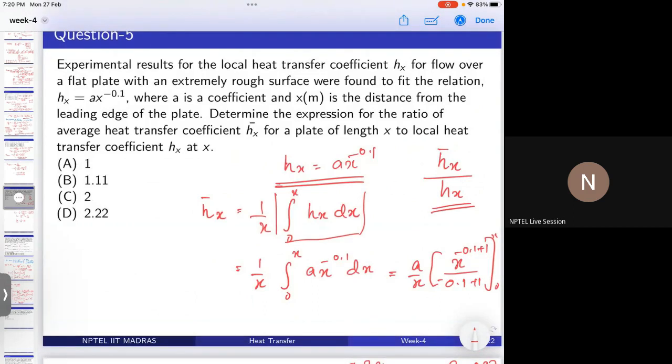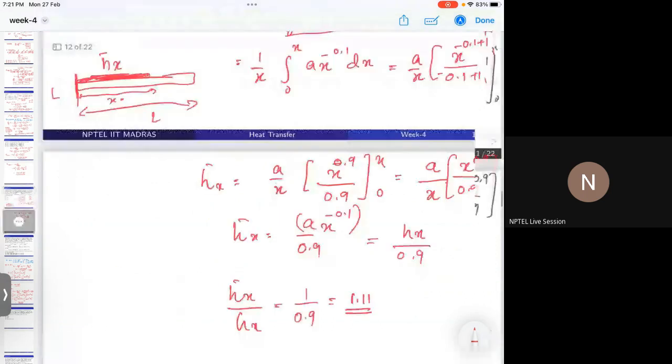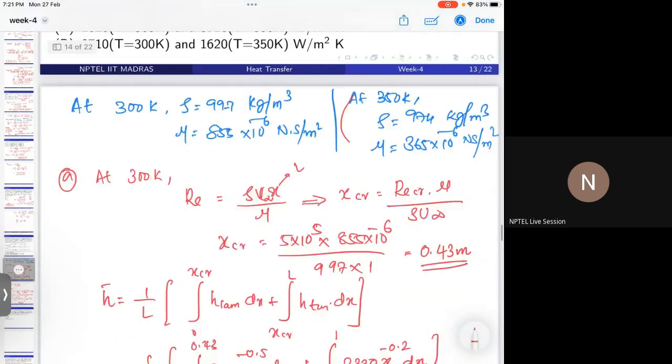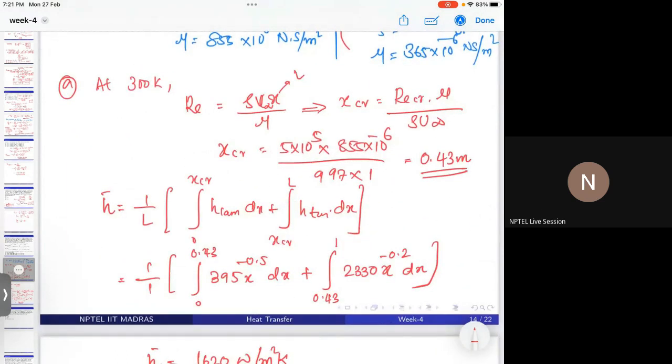Say for example this is the plate, its length is L. I am considering a location at x from the leading edge, so I am calculating this much heat transfer coefficient only. This is h bar x. But in this case, I am asked to find the heat transfer coefficient over the entire length. That's why I'm taking L. Okay, sir.